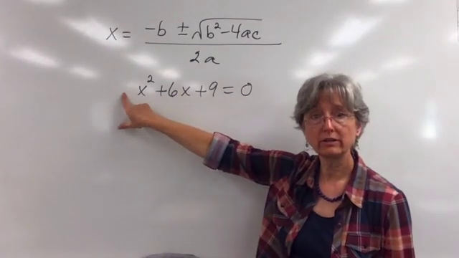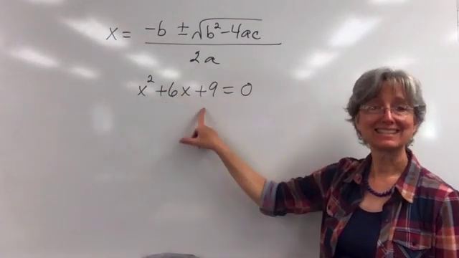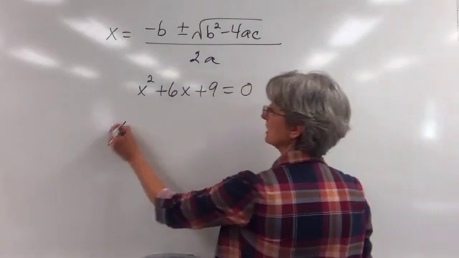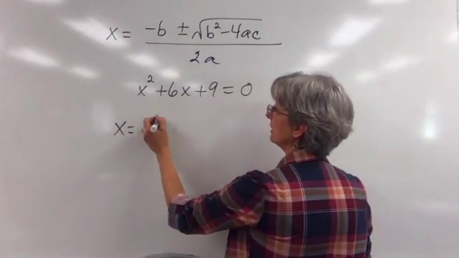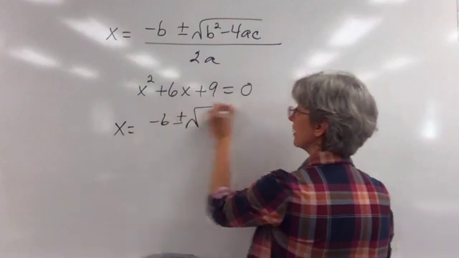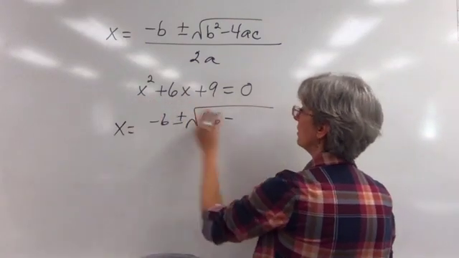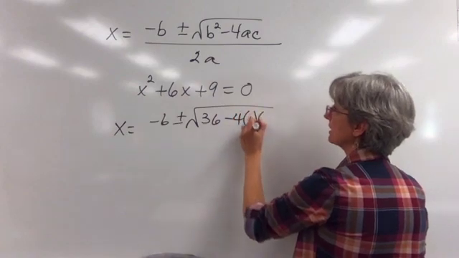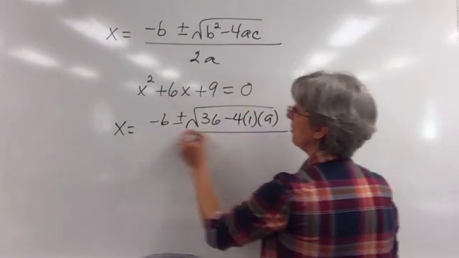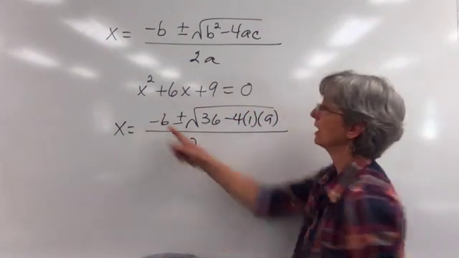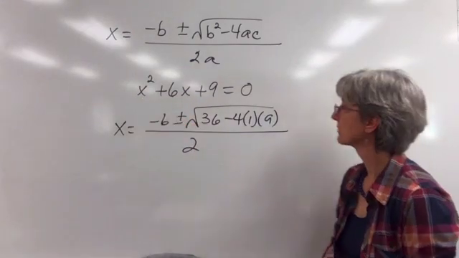A is 1, B is 6, C is 9. So x equals negative b plus or minus the square root of b squared minus 4 times a times c all over 2a. And a is 1, so that's 2.